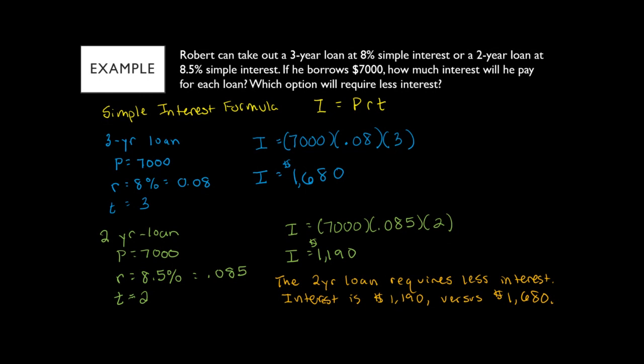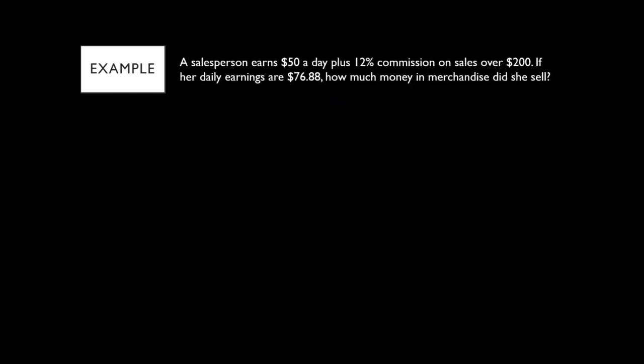And then I put those into our equation, and then it's just a matter of doing the math on the calculator. And then it's always good to follow it up with a sentence so that way you know what your actual answers are at the end. Are there any questions on this example? Okay, so I'll move on to my next one.